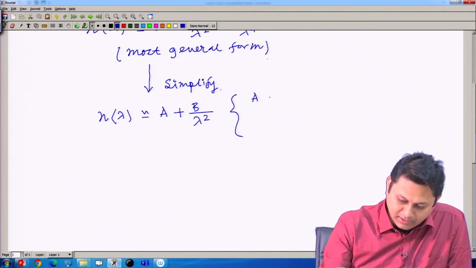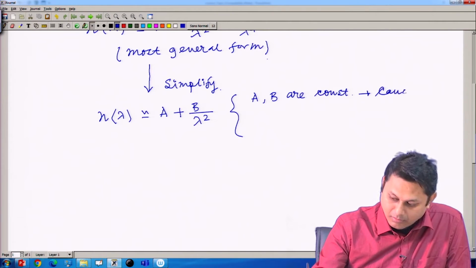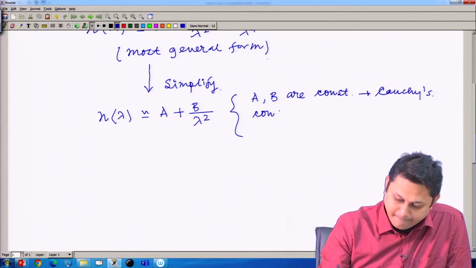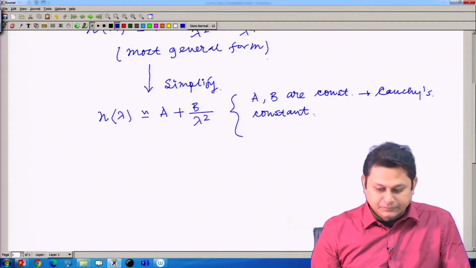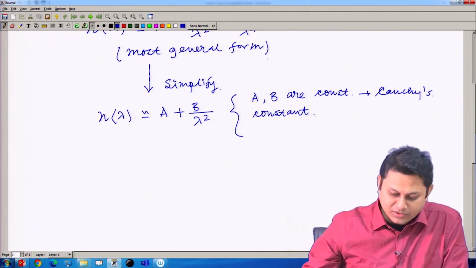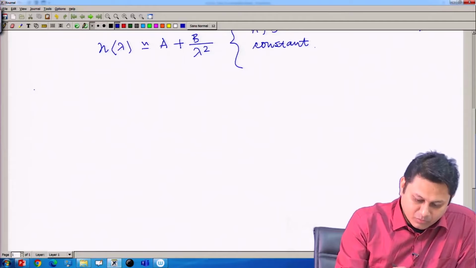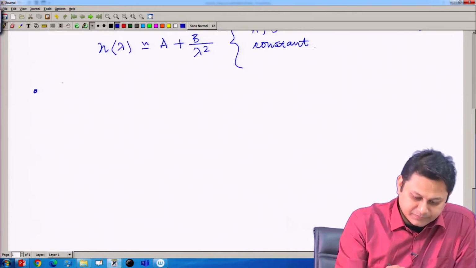As I mentioned, A and B are constants, called Cauchy's constants. One can directly derive this Cauchy's equation from the Sellmeier equation. So, we can simplify the Sellmeier equation as well.